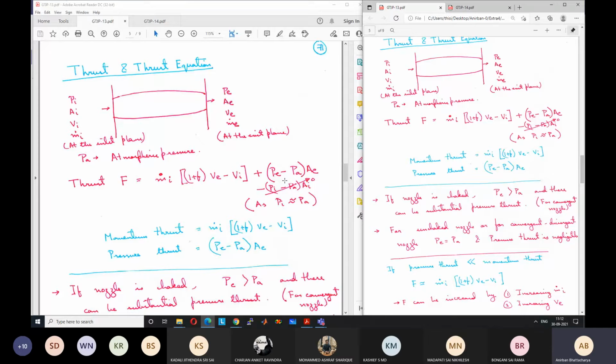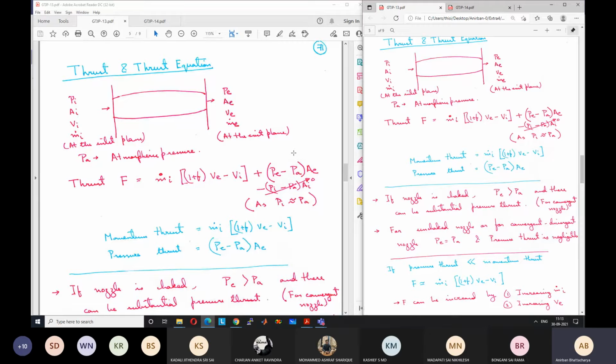Only in military type aircraft, where we have a convergent nozzle but the velocity is quite high, the nozzle operates with an exit pressure, or the choke pressure, which is much beyond the atmospheric pressure. So in that case, significant pressure thrust can be there.